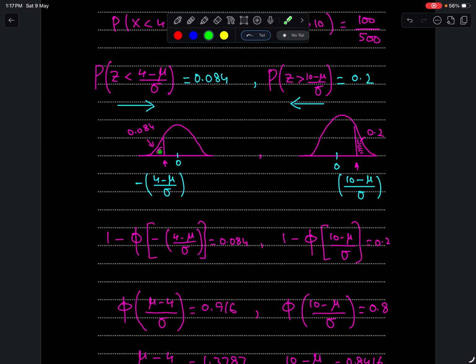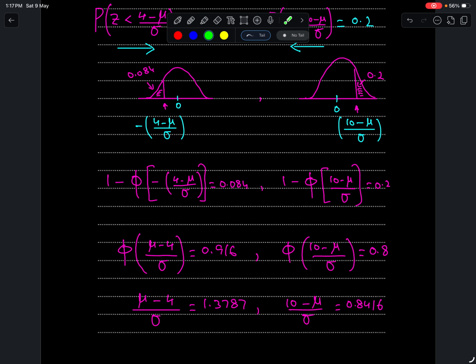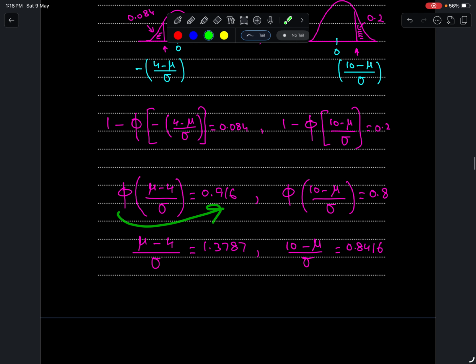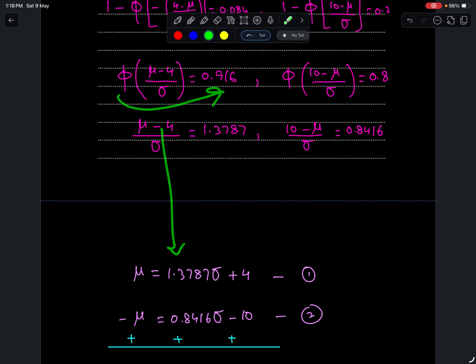So write this small area as 1 minus phi, this thing with negative sign, is equal to this. Now bring this here and shift to the right side. So this will be positive and this is negative. 1 minus this will give you this. Now take phi inverse and get an equation of mu and sigma.